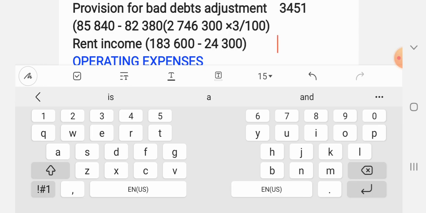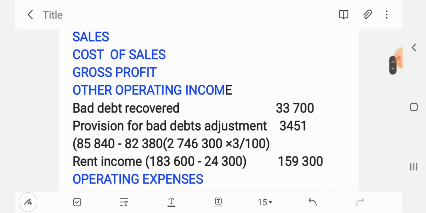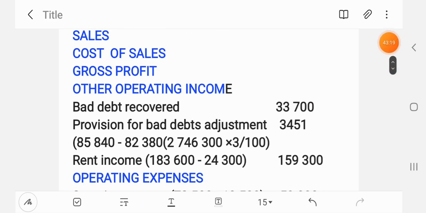That will give us, let me do it, 183,600 minus 24,300. That will give you 159,300.